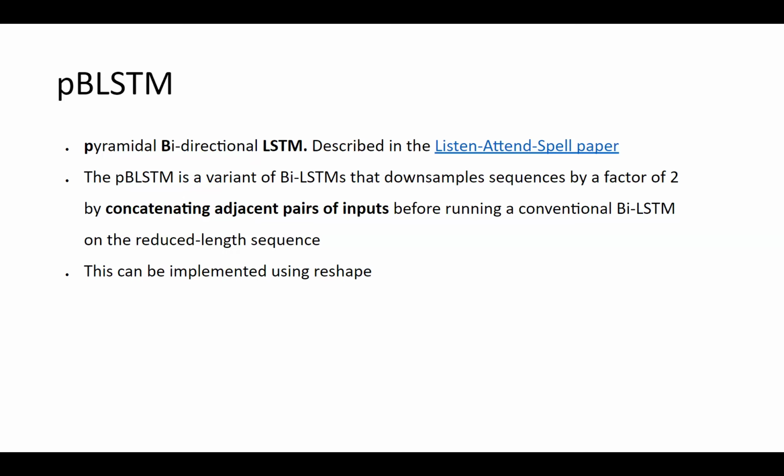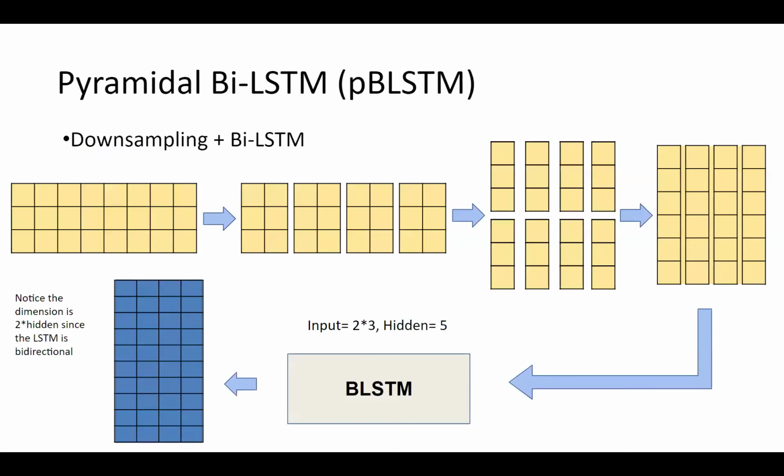We take adjacent time steps and concatenate the channels, so that we double the dimensionality, and also downsample the time length by 2. You can go through the documentation for PBLSTM; it is also included in the appendix of the writeup. You can check that.